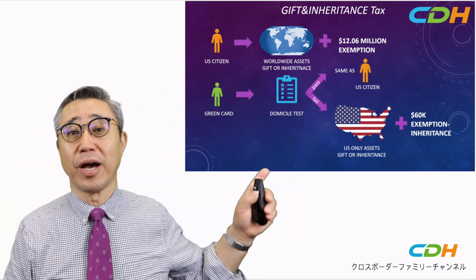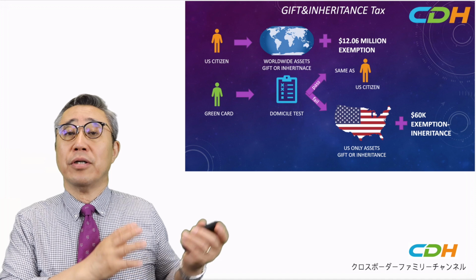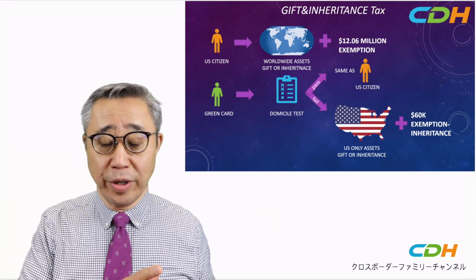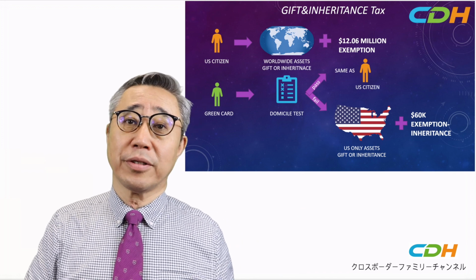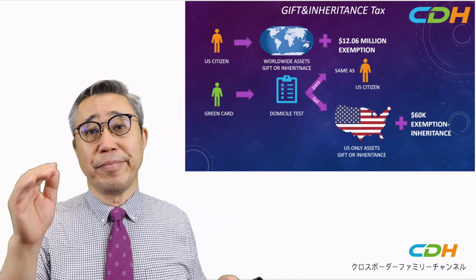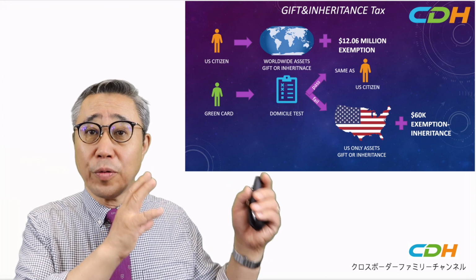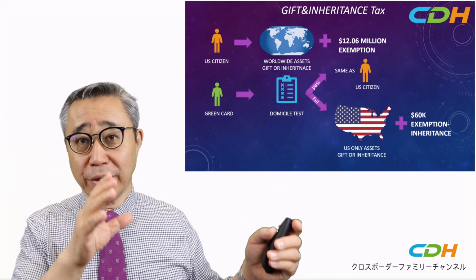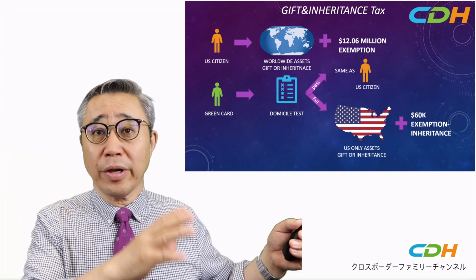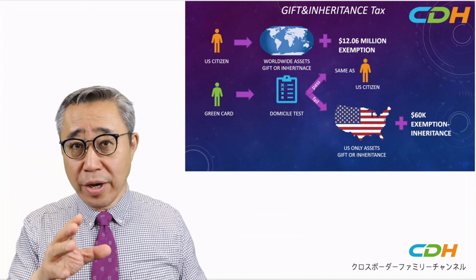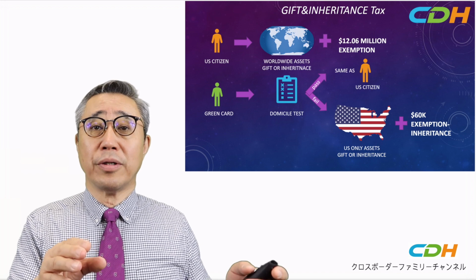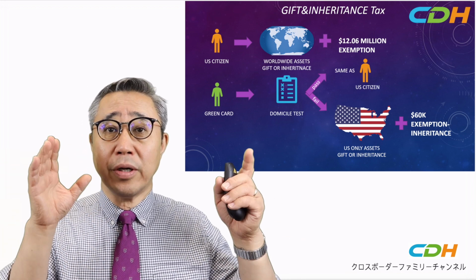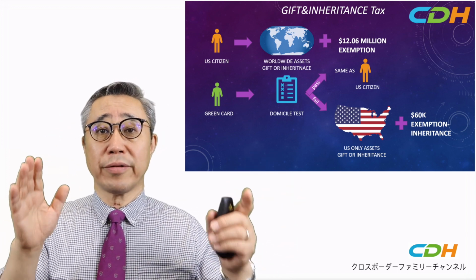But I hope you understand the basic concept of the difference between U.S. citizen and, to be precise, green card holders who are not domiciled in the U.S. If you're green card holders and domiciled in the U.S., in this context, the rules are the same.